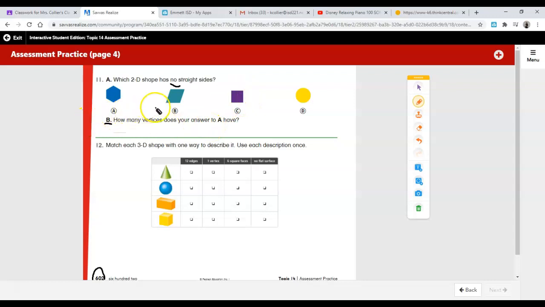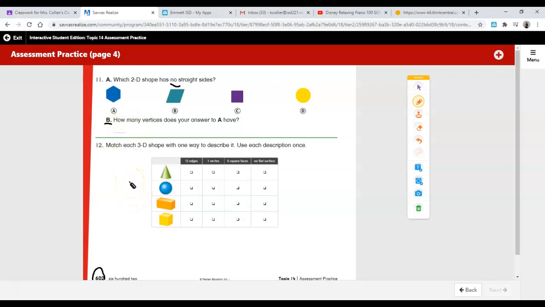So whichever answer choice you select for A, you tell how many vertices your answer had. But be careful, because if you were to pick D for your answer choice, a circle does not have any vertices, so you would write 0.